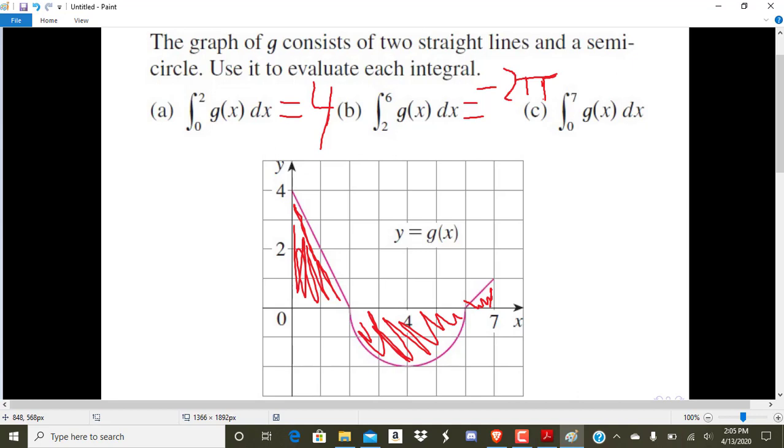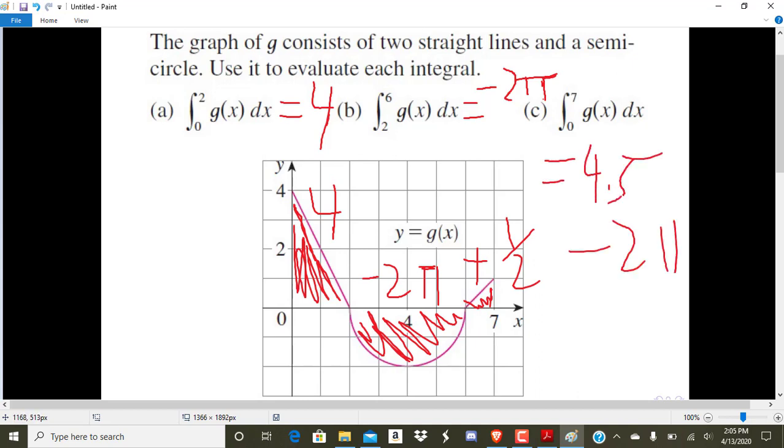Note that this tiny triangle here has a base and height of both 1, so its area is 1/2. So this integral is going to be 4 minus 2 pi plus 1/2, or just 4.5 minus 2 pi.